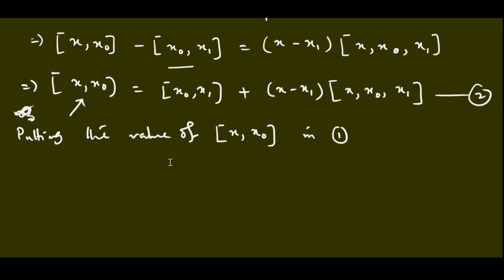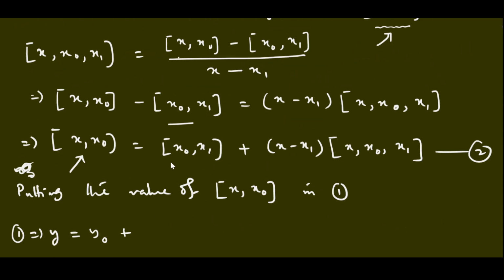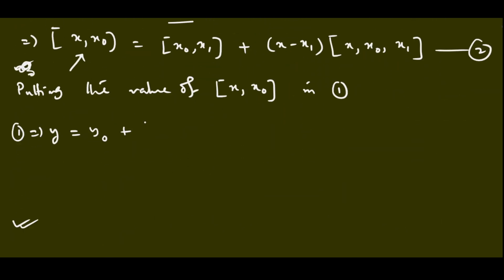Our equation 1 becomes, left hand side is y. First term of right hand side is y naught plus. Then if we put here the last term, there is one factor x minus x naught, and then we have to put these values.